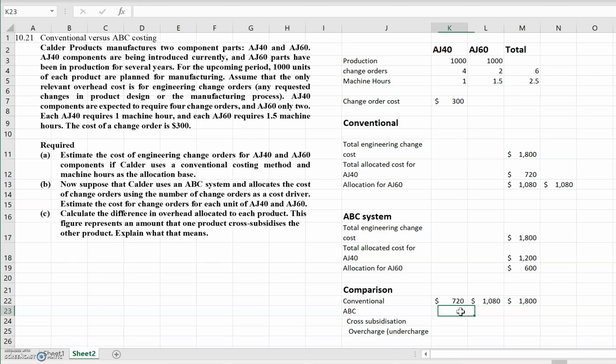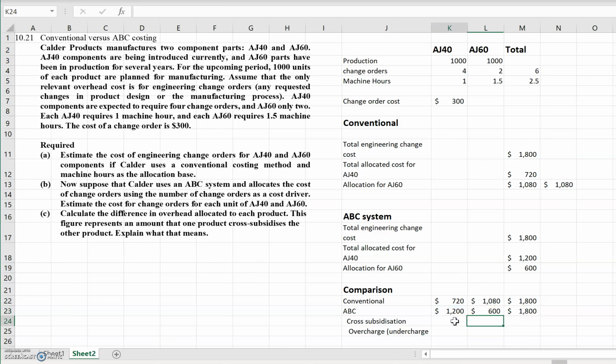Under the ABC system, AJ40 is 1,200, AJ60 is 600, and again giving us a total.